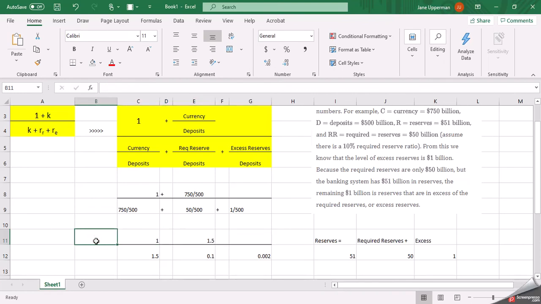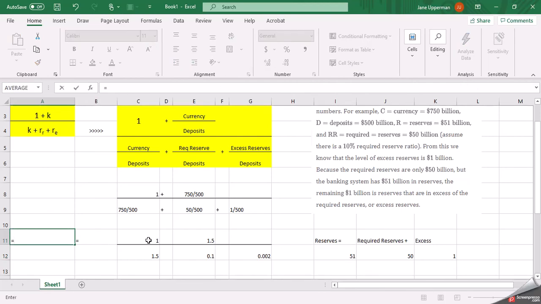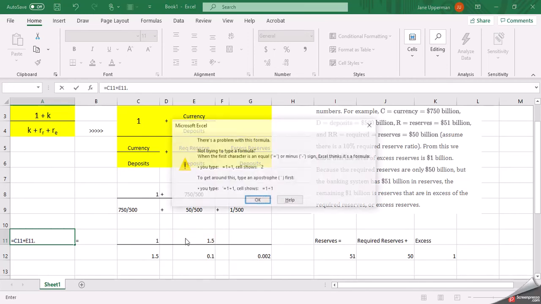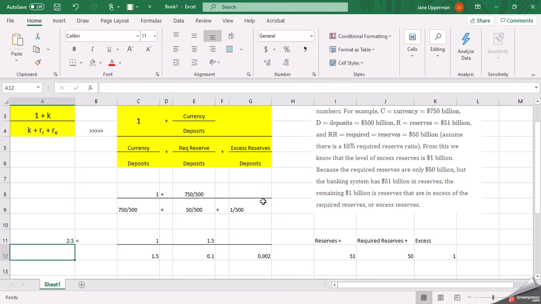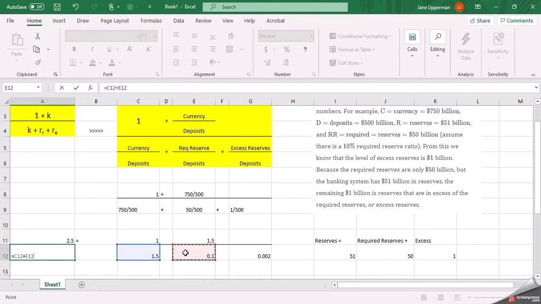So now I want to add this plus this for my top, so I've got 2.5 on the top, and then I'm going to have these all three added together down here.